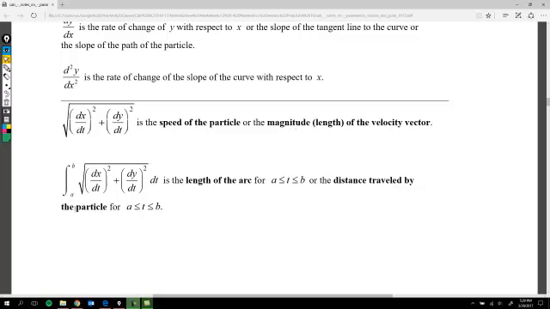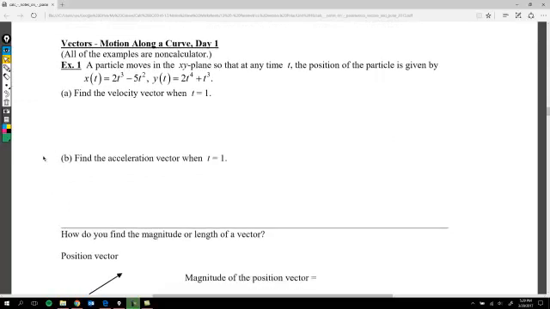The integral of velocity is distance traveled, or arc length. Or you could think about the derivative of arc length, without the integral, is my velocity, or my speed, because it's squared and square rooted. So the integral of my derivatives is going to be arc length. That's what we talked about in the last notes.